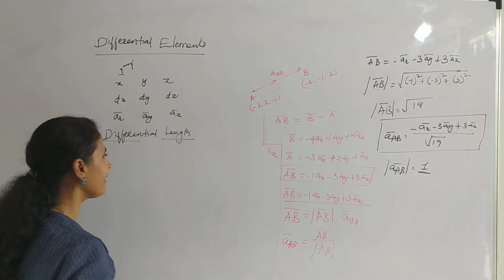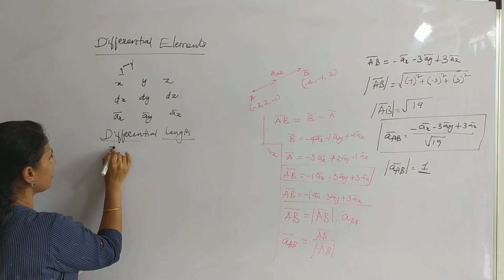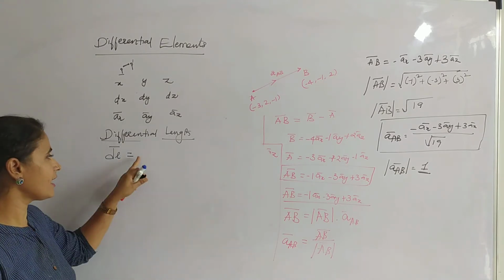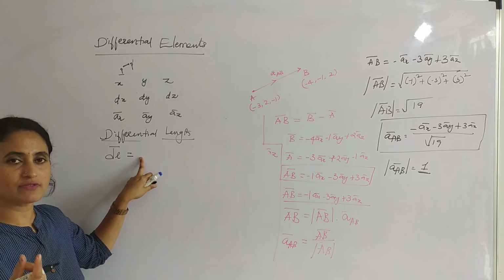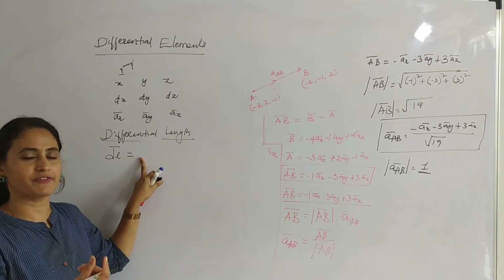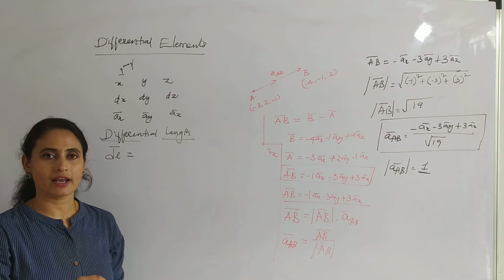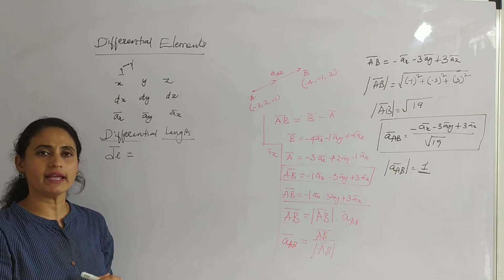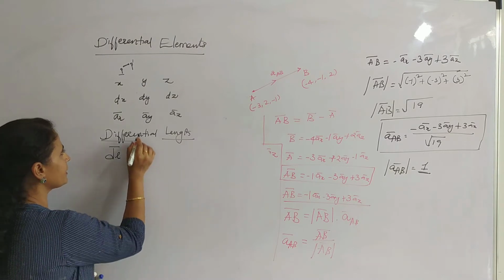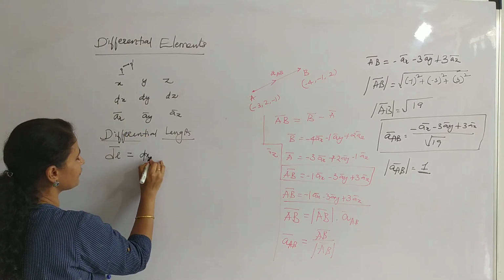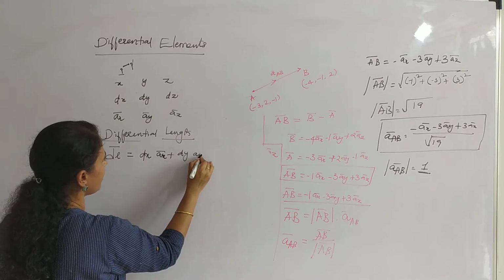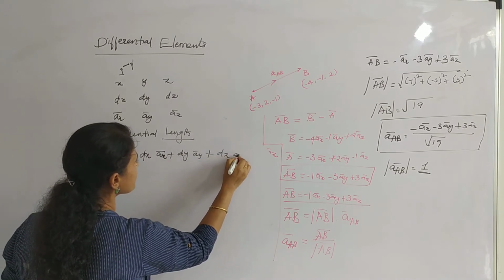The differential length dl bar is a vector with one direction only, because length may take one shift, even if it is measured along a scale; it may be along x or y or z. So this can be written as dx, differential change in x, dy, differential change in y, and dz, differential change in z.